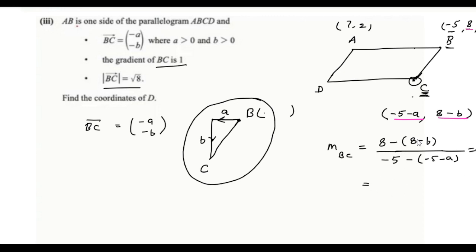So now if you open the bracket, you will get B in the numerator and A in the denominator. Yes. Now if you refer to your problem, they have given the gradient of BC as 1. So the gradient of BC I will write as 1.